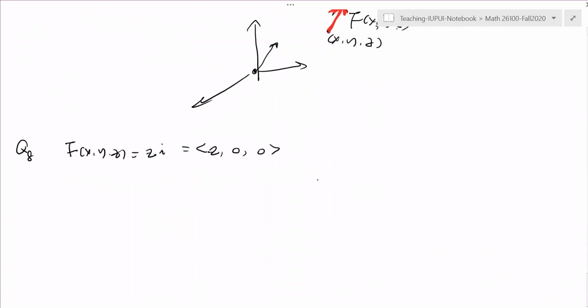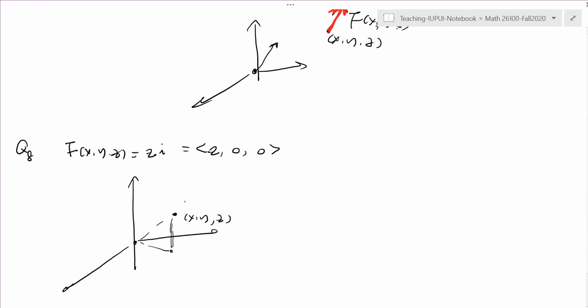I don't think we needed to draw the diagram here. It's obvious. At every point in the space with coordinates x, y, z, this is a height. So this is a point. How do you draw it? The height is z.